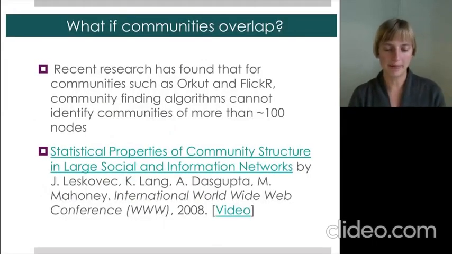One thing that I haven't mentioned explicitly so far is that for the algorithms I've mentioned, we're really partitioning the network. We can't have one node be a member of two different communities. However, in a real-world network, this is hardly the case, right? When you looked at your Facebook network, you may have seen distinct communities.